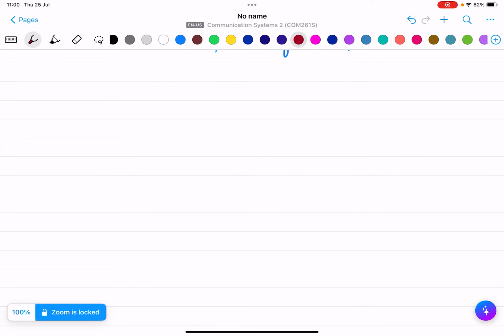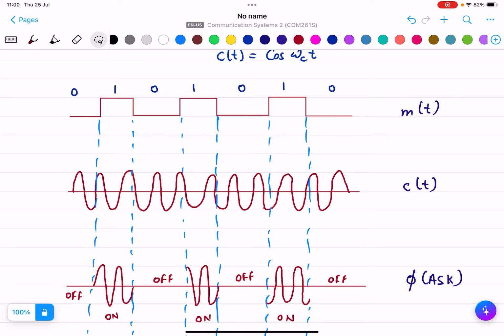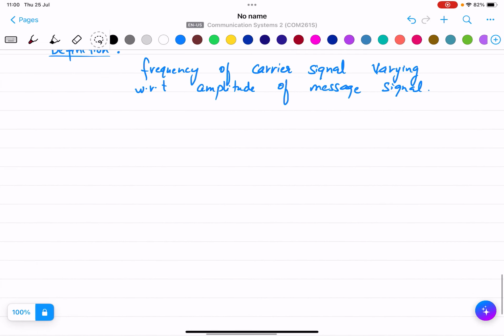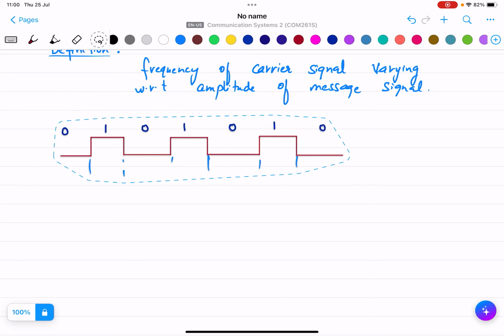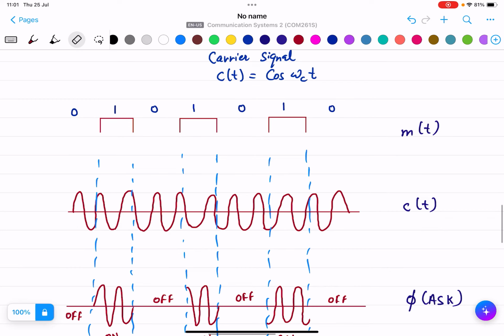Now again, we are going to make the carrier. Let us just make a waveform, and I can just drop this waveform here. Okay, and now I need a carrier waveform.